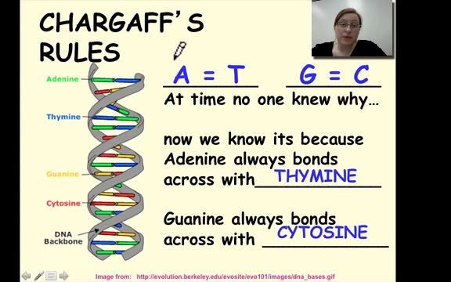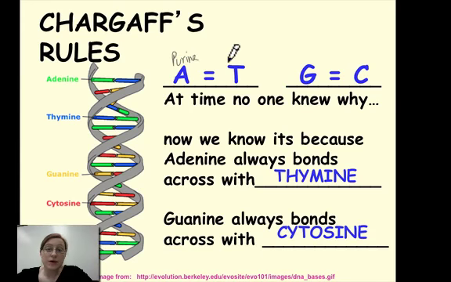Adenine was a purine, whereas thymine was a pyrimidine. Same thing with G, that was a purine, whereas cytosine was a pyrimidine.